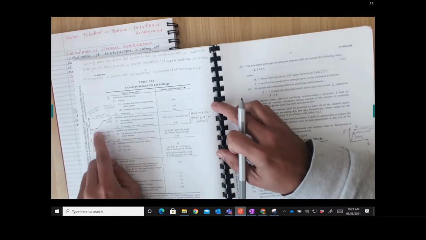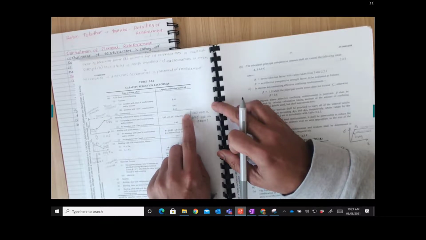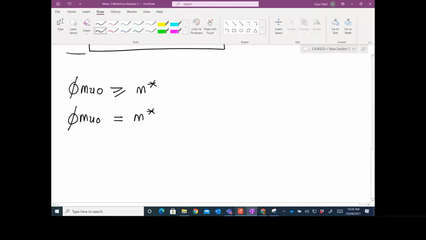Now it says that, look, do you remember I was talking about that if you design for an over reinforced concrete beam, your design will be penalized, the standard will give you a penalty. But we are designing as under reinforced, not over reinforced. So we are just taking 0.85. This is an assumption. Of course, you can validate that assumption with your steel strength being greater than yield strength.